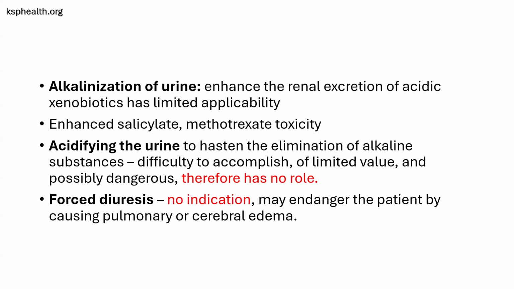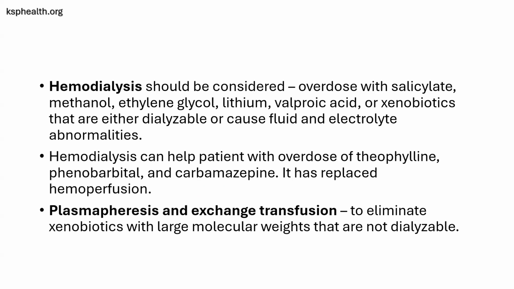The third is forced diuresis. We used to do 1.5 times maintenance followed by Lasix chase. Right now, there is no indication for forced diuresis because of increased incidence of pulmonary and cerebral edema in those patients. So the only urinary pH manipulation we commonly do is alkalinization of urine in salicylate and methotrexate toxicity.